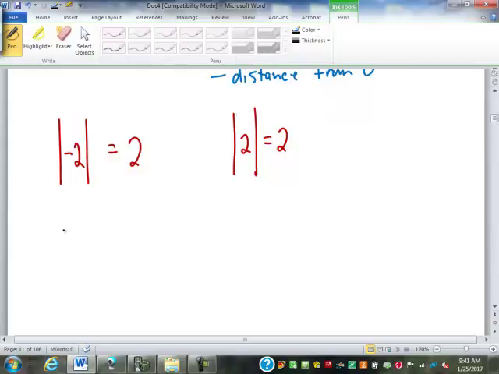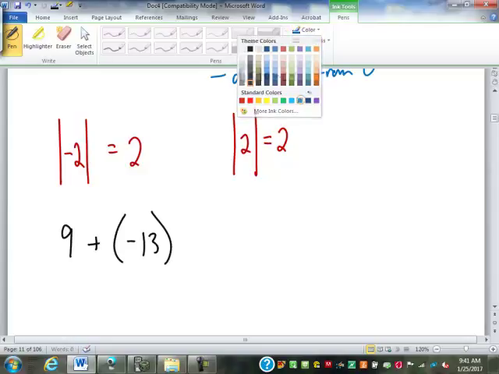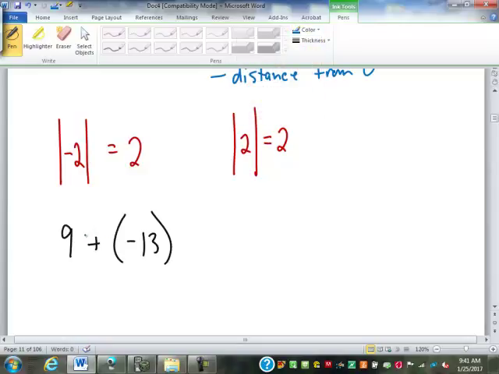So if I'm working with something like 9 plus a negative 13, which has a larger absolute value, the 9 or the negative 13? The negative 13 has a larger absolute value. It's a longer vector. So now when I go to do this, just a little sketch here, the 9 is positive, so it goes in the positive direction from 0. It's going to take me up to 9.